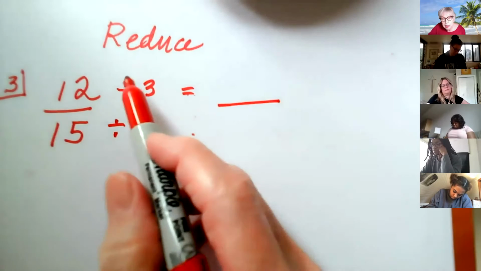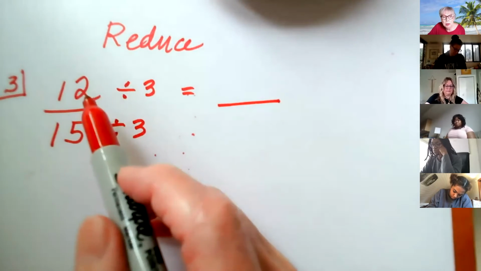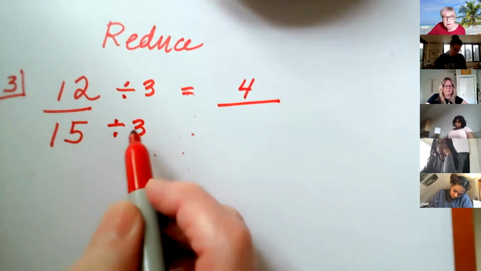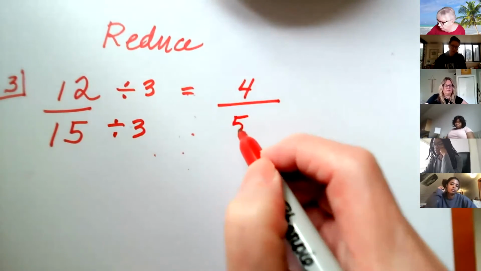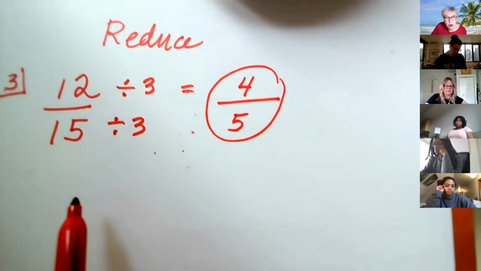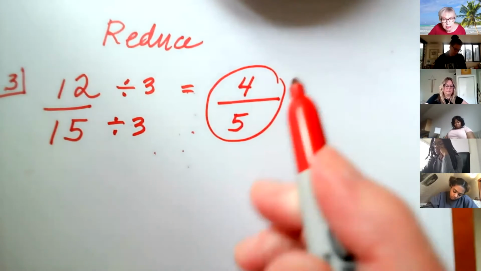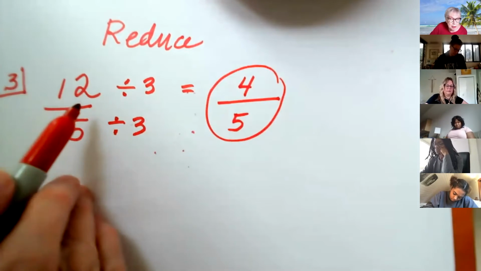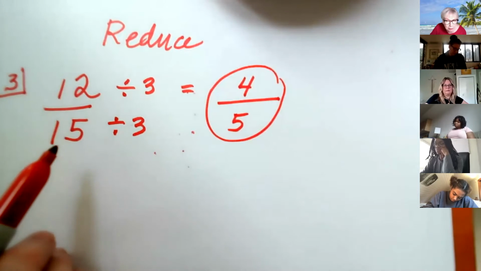Okay? I'm not saying you have to write this, but this is what you're thinking. 12 divided by 3 is 4. 15 divided by 3 is 5. So when they say reduce it, you're going for an equivalent fraction that's exactly the same. 4 over 5 or 4/5 is the same as 12 over 15.